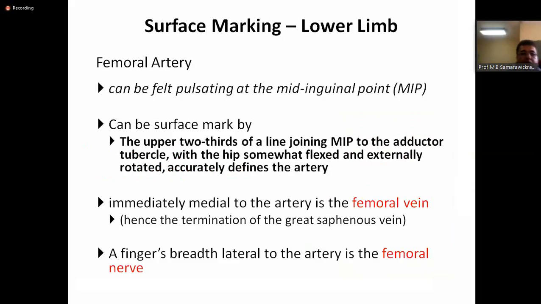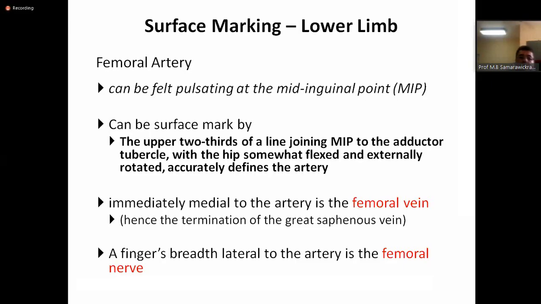Right. So in the lower limb, you should know how to surface mark the femoral artery. That can be surface marked by feeling the midinguinal point. So the midinguinal point can be surface marked by feeling the anterior superior iliac spine and the symphysis pubis. So midway between the anterior superior iliac spine and the symphysis pubis is the midinguinal point.